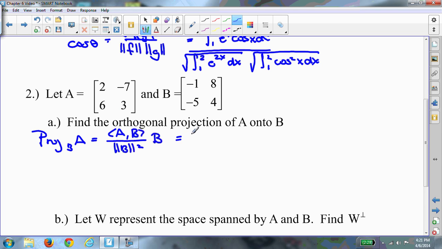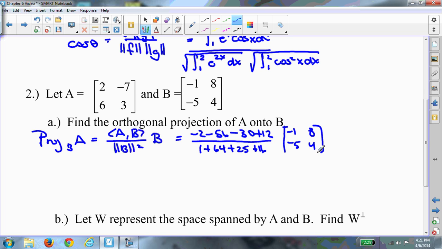So in this case, it's going to be negative 2 minus 56 minus 30 plus 12 over the magnitude of B squared, which is going to be each component multiplied by itself, and then squared, so there's no square root involved here. So that's going to be 1 plus 64 plus 25 plus 16 times vector B, which is a matrix, negative 1, 8, negative 5, and 4. So that would be the projection.